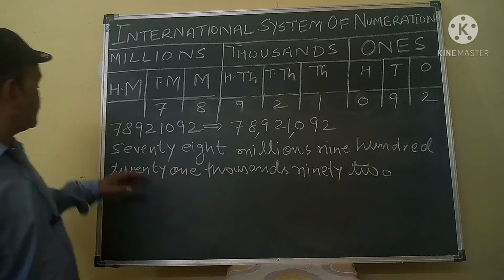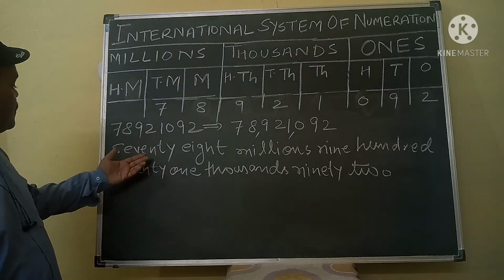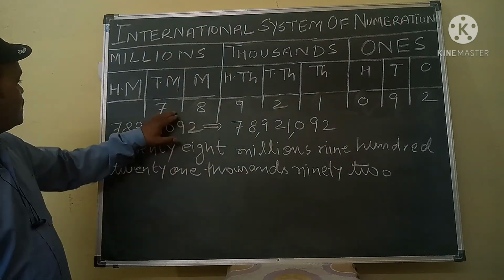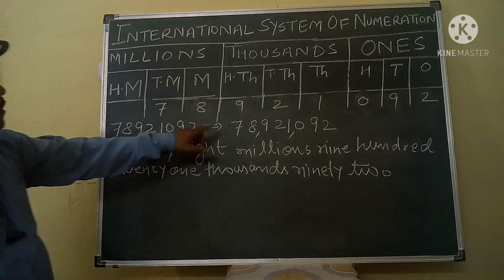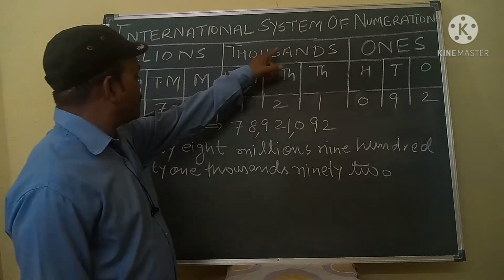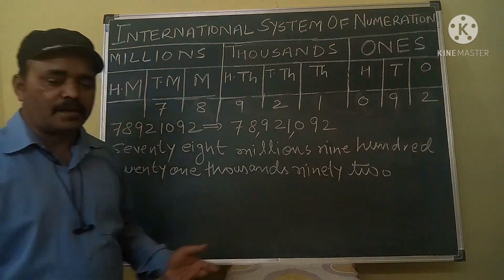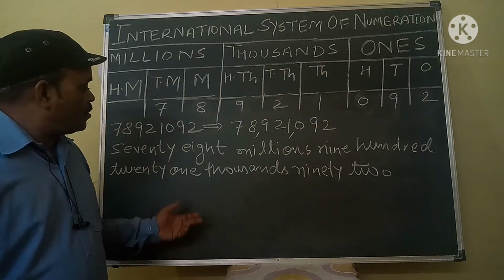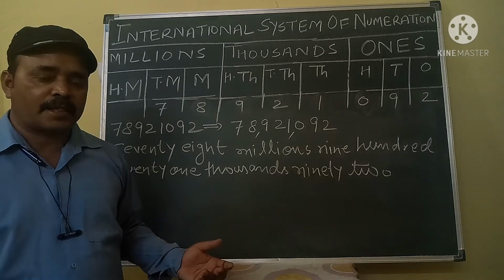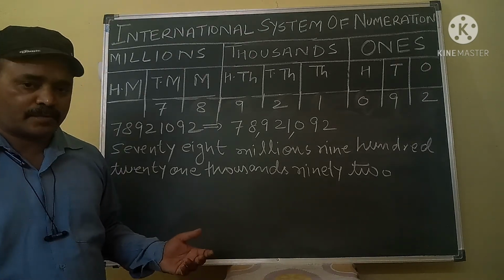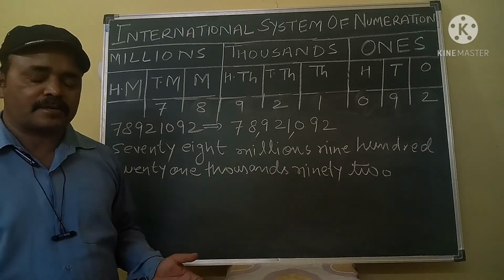Clear. This number you can write 78 millions 921,092. Okay.